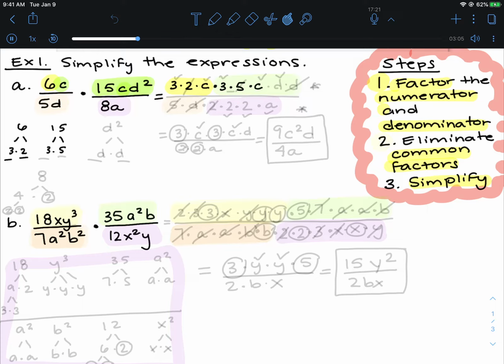Now the d squared is not just a d, it has 2 d's, right? So the d squared can technically be simplified to d times d. So I'm going to multiply this times d times d. And this right here is the factored form of this over here. So that's how you factor these out.